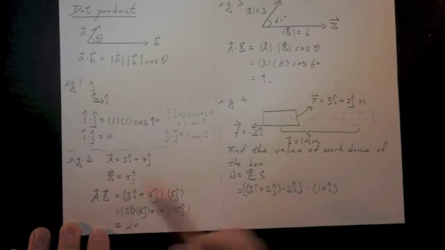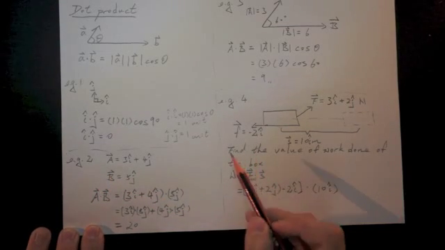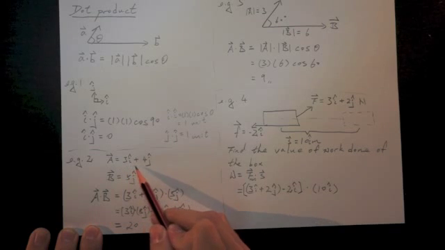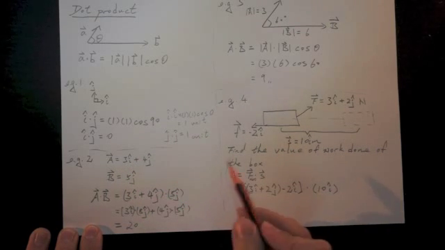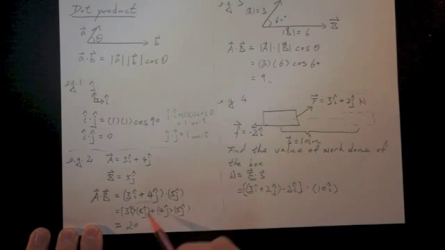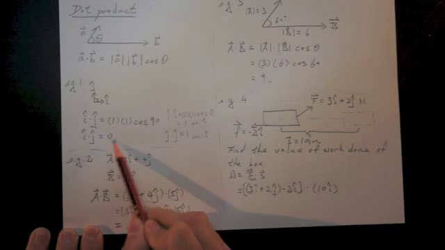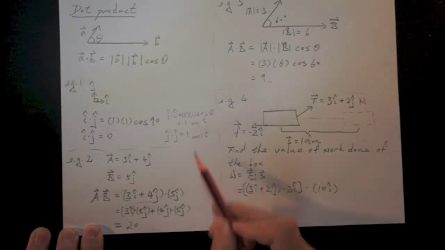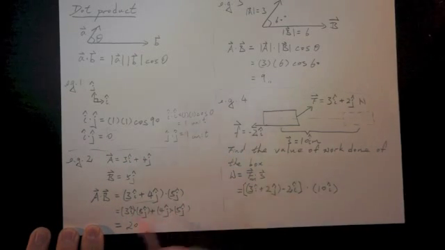Consider example 2. If we have a vector A, 3i plus 4j, and vector B, 5j, by our calculation, we have 3i dot 5j plus 4j dot 5j. Since i dot j we get 0, and j dot j we get 1, therefore we have 4 times 5, we have 20.